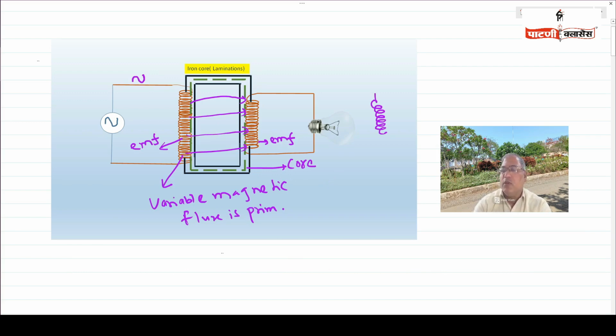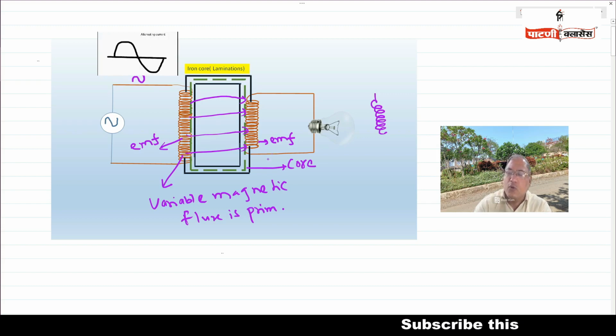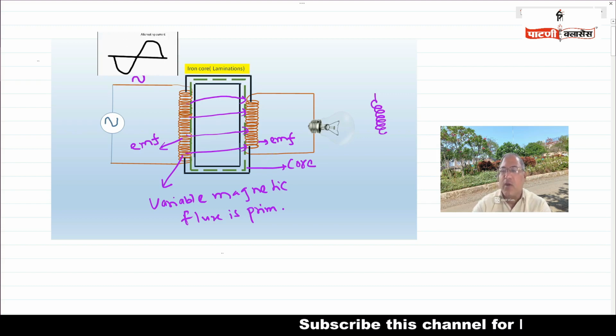So here we are doing the winding of the primary and counting the number of turns of the primary, as well as counting the number of turns of the secondary. When the AC current is passing through the primary coil and the flux links with the secondary coil, EMF is produced in both the primary as well as the secondary coil.